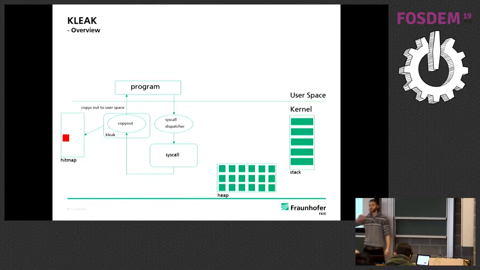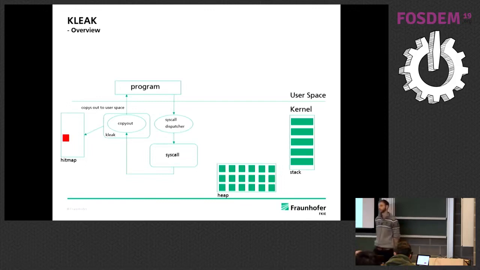In the first round, we've got marker byte 1. In the second round, we've got marker byte 2. And every time we encounter this marker byte in copyout, we write this down into our heat map.